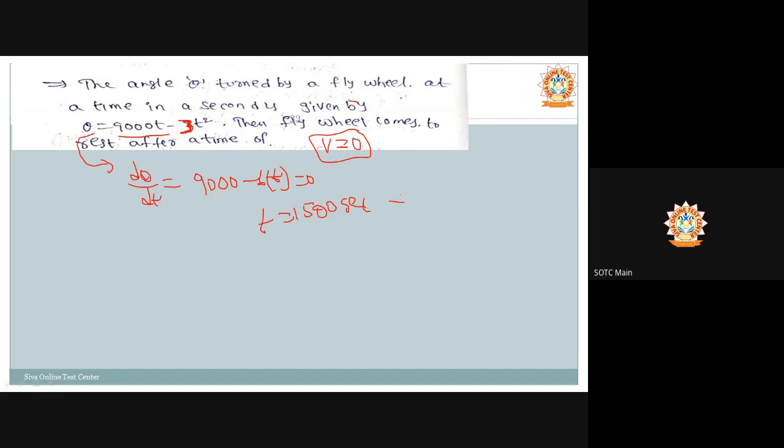If you convert this into minutes, how much time it will come? 1500 seconds. 15 minutes. 15 minutes. Great. You have 1 minute for 100 seconds.